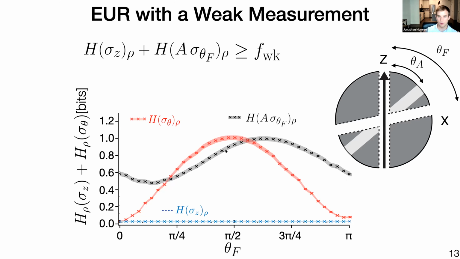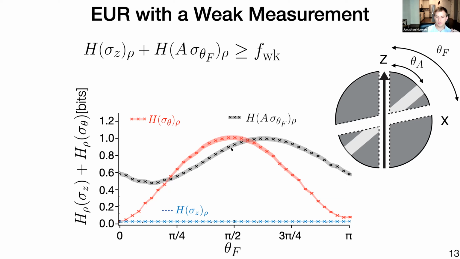So this is the core finding of the project: by adding this weak measurement before the strong measurement, we can decrease the uncertainty of the strong measurement of the X measurement outcomes of the Z state.